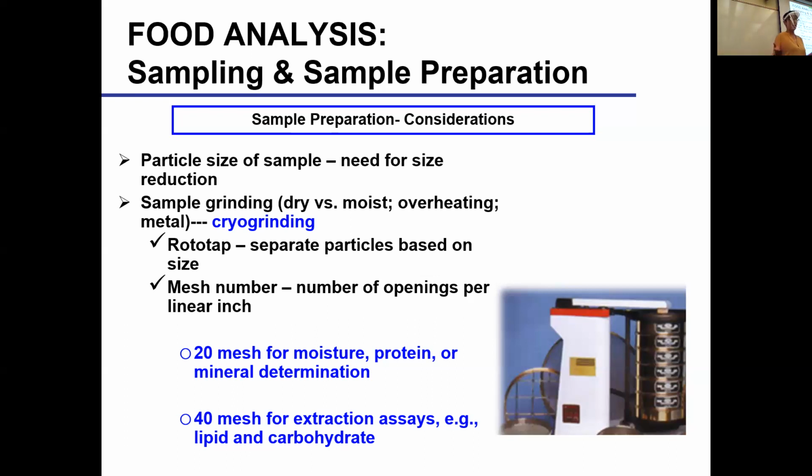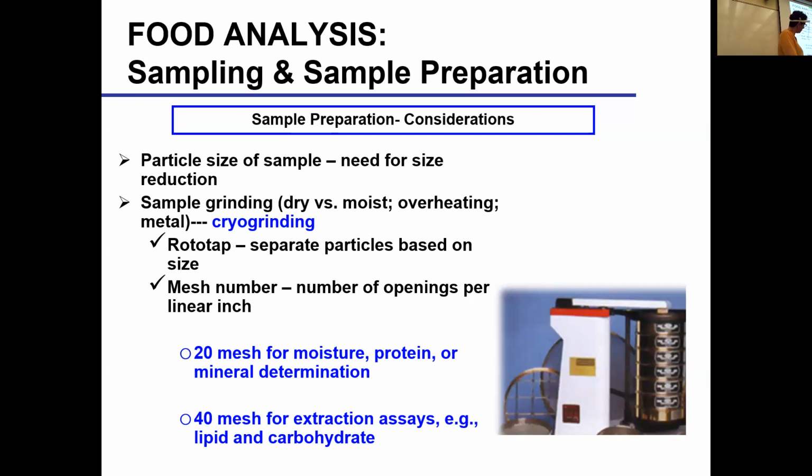Another capstone thing: let's say they are doing some sort of a bar and it has high moisture. How do you grind something that is sticky with high moisture? It's not going to be easy. One thing you would do is freeze it. You grind it when it's frozen, called cryogrinding. In this case, you are able to grind and not lose moisture or fat from your sample when grinding a high fat, high moisture sample.